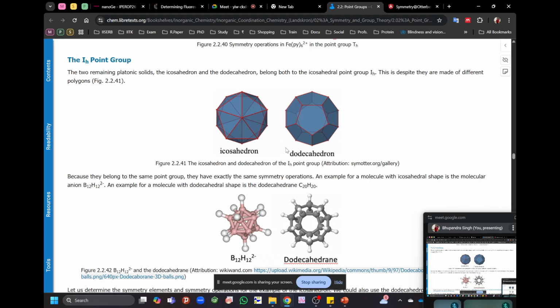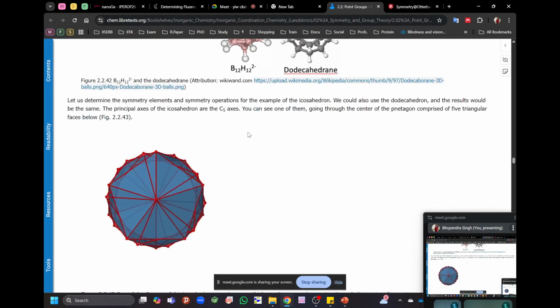So this is the icosahedron. I think you are able to see, right? Okay. So the dodecahedron looks like this. Icosahedron and dodecahedron, both of them look quite similar to each other. If you look closely, they are actually similar because the pentagon, I mean the C5 axis, is present here.